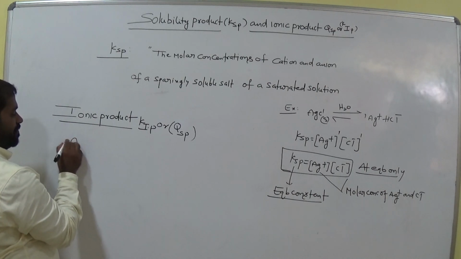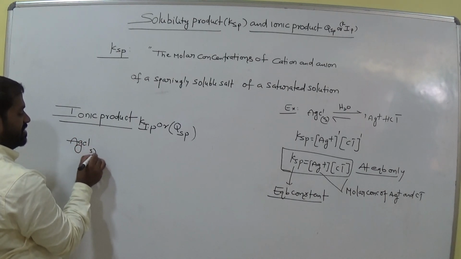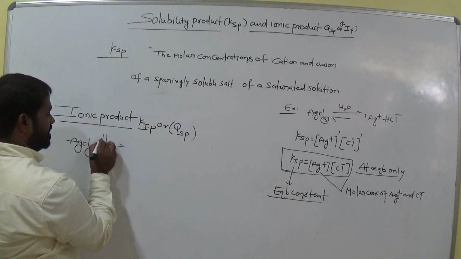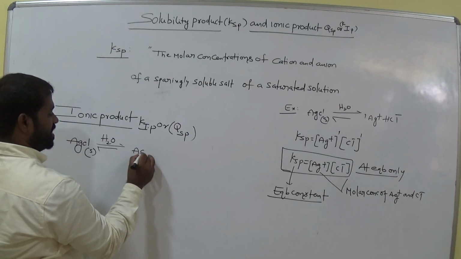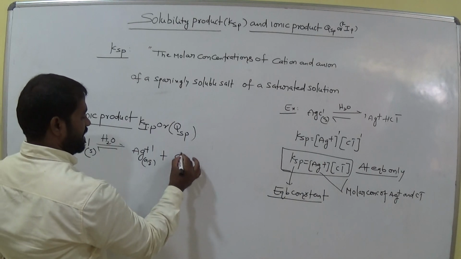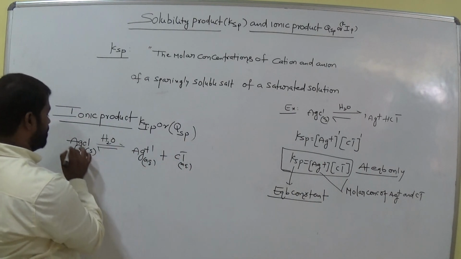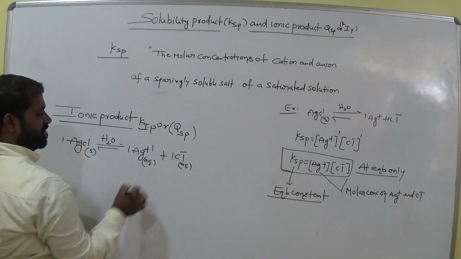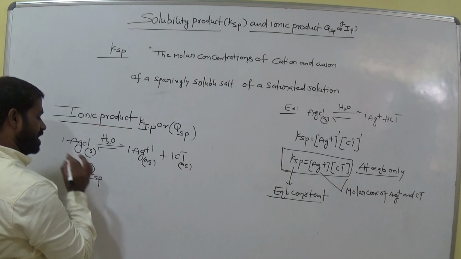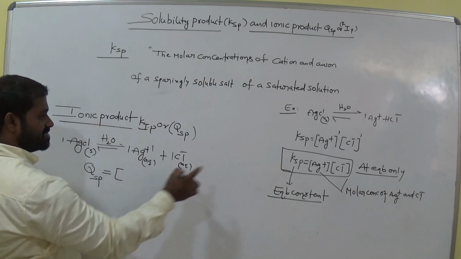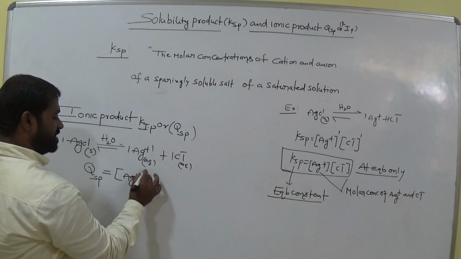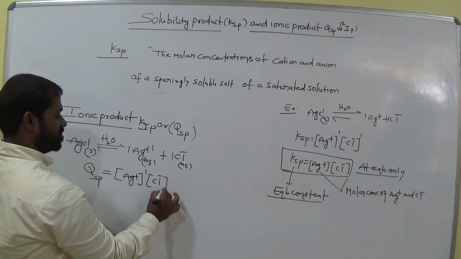So let's see, AgCl is a salt. It is reversible, which dissolves in water, giving Ag plus aqueous and Cl minus aqueous. Here it is 1 mole, so here we get 1, 1. Am I right? Now write the expression as it is in KSP. Now Ag plus to the power 1, Cl minus whole power 1.